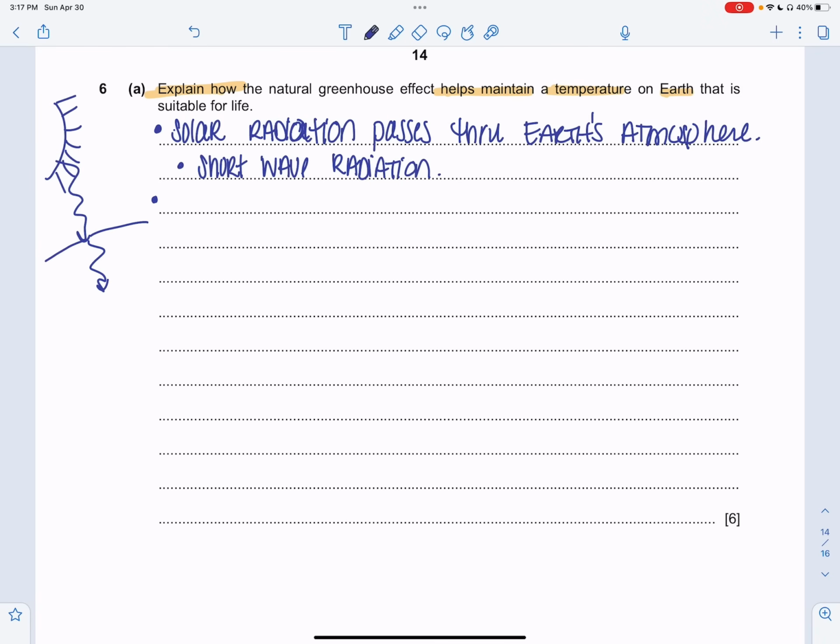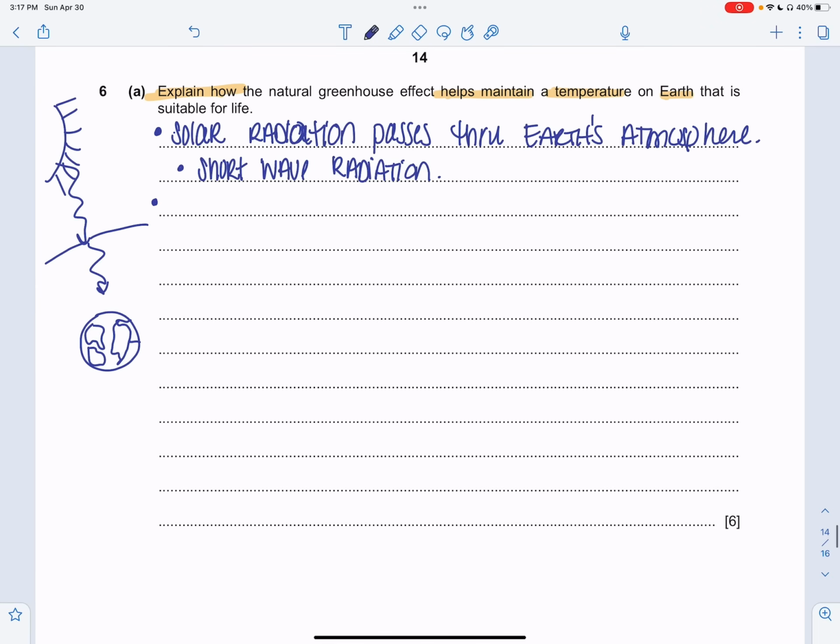Here's the atmosphere. I'm terrible at including continents. But some of it is absorbed by the surface. Okay, and then some of it's reflected back.